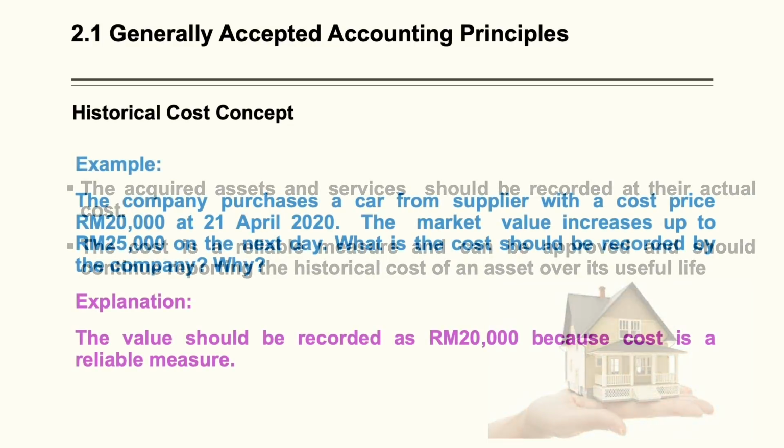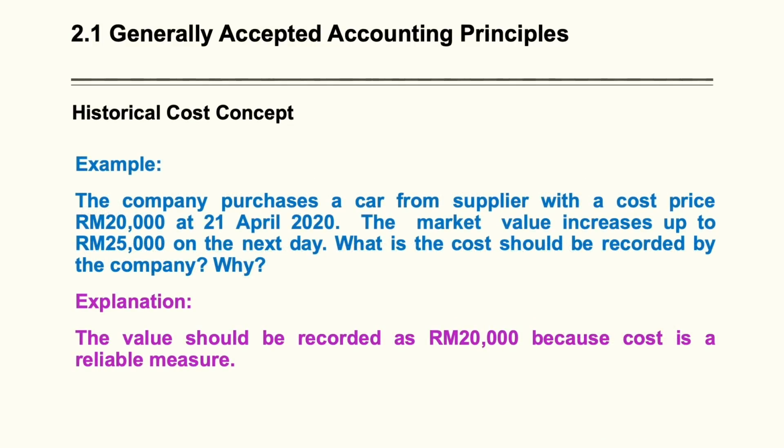Let me give you one example. Say the company purchased a car from a supplier with a cost price of 20,000 on 21st April 2020. The market value increased to 25,000 on the next day. What cost should be recorded by the company and why?